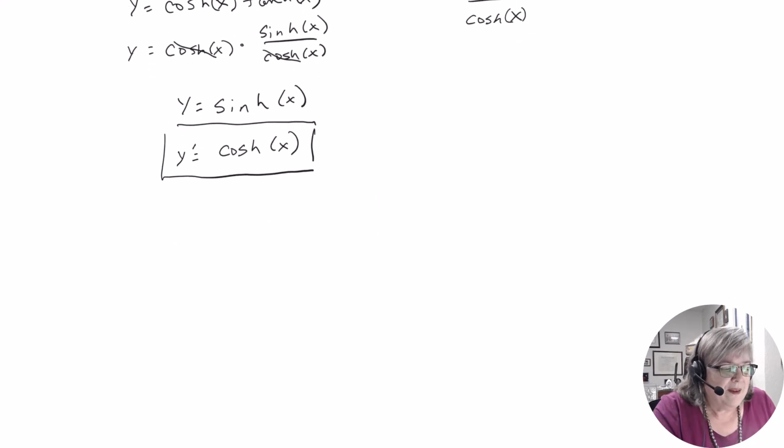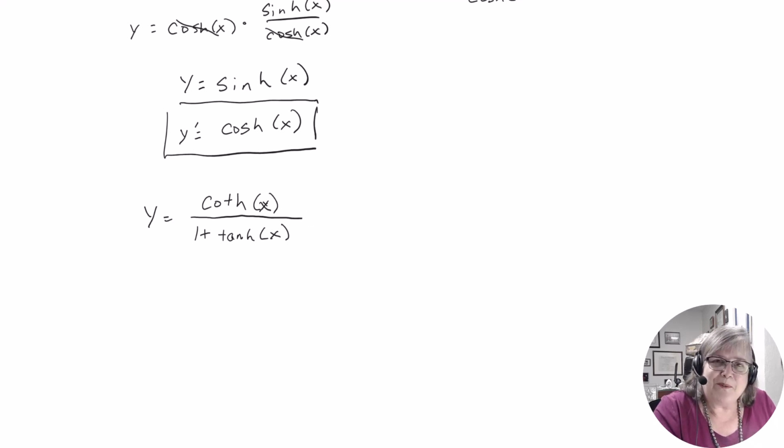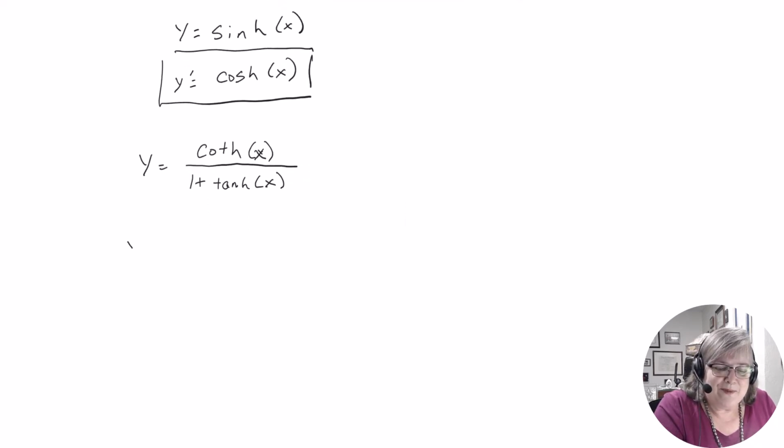All right, let's do one that's a little worse for wear. So here's y is equal to the hyperbolic cotangent of x over 1 plus the hyperbolic tangent of x. Okay, that's my goal. All right, so this would be the quotient rule. So it's the bottom times the derivative of the top.